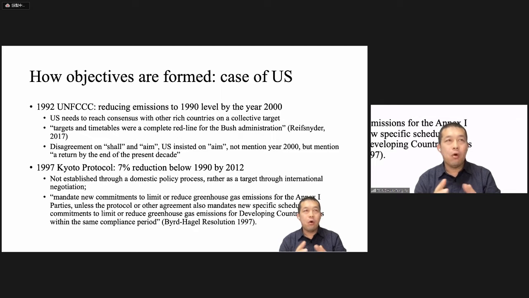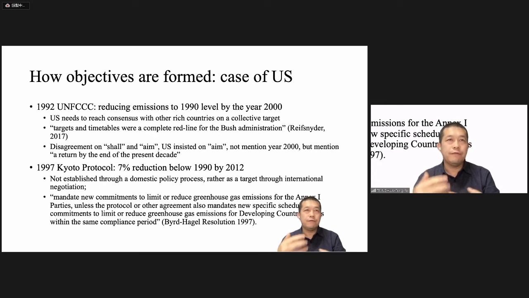But at that moment, the United States was very much against this idea of setting a target and a timetable. One of the negotiators in the United States delegation said, and we quote here, targets and timetables were a complete red line for the Bush administration. Which means generally that 30 years ago, the United States did not accept any target and timetable as a target for the United States.